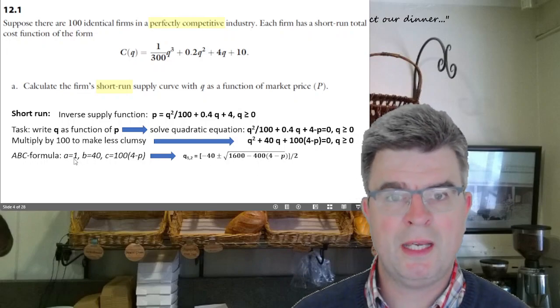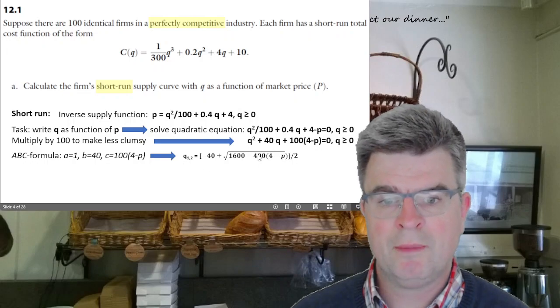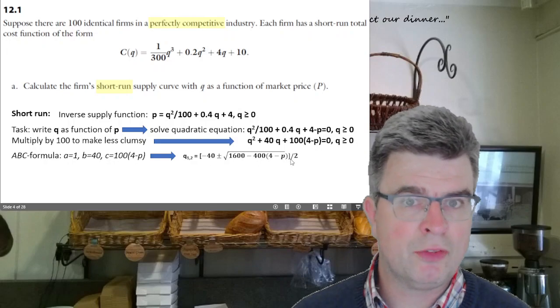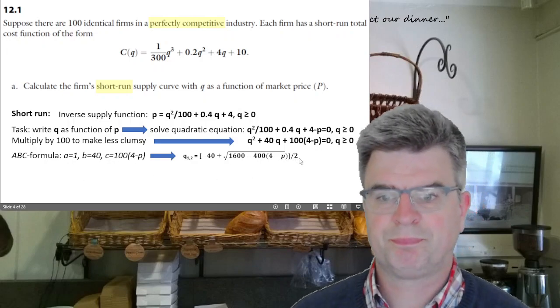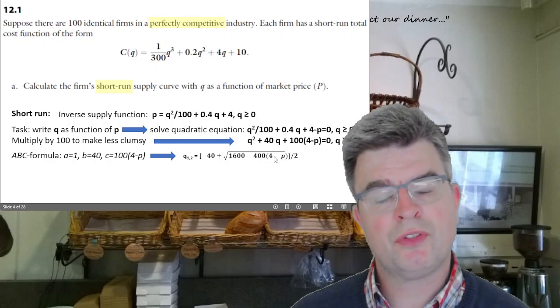So 4 times A is 4, and 4 times 104 minus P is this expression over here. And then we need to divide by 2A. A is equal to 1, so we divide by 2. And then we have two possible solutions for the quantity as a function of price.